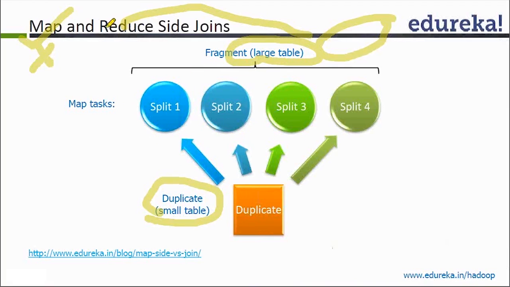That's why the Map side join is the preferred one, better in terms of performance, but it has the limitation that it can only perform in the scenario where you have a large data set and a small data set.